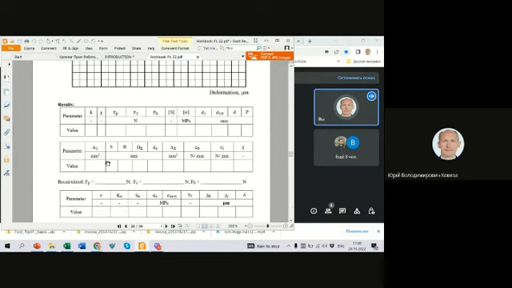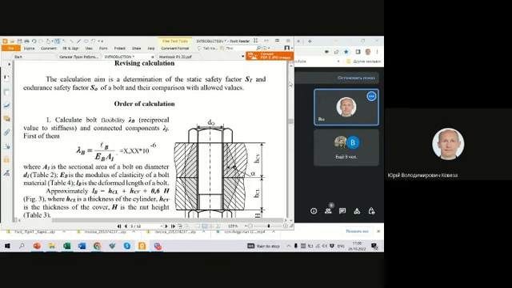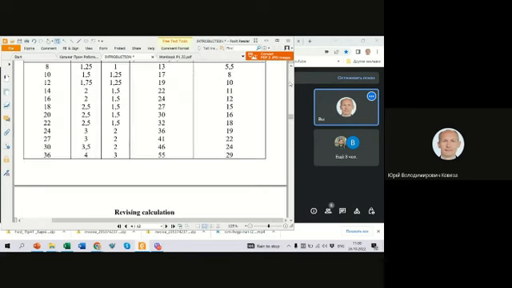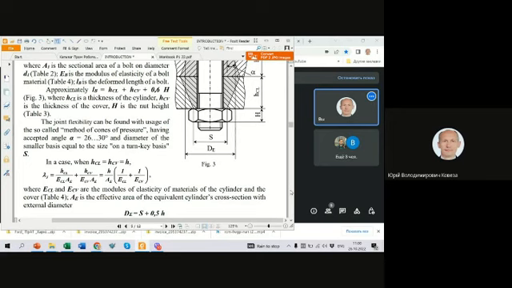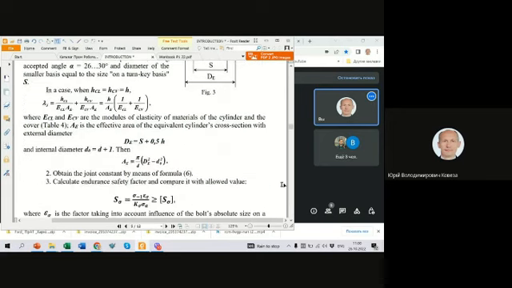Range size should be taken from this place, or if you miss this, table 3, range size. So you can calculate lambda joint. E we took from table 4. AE is calculated like this.